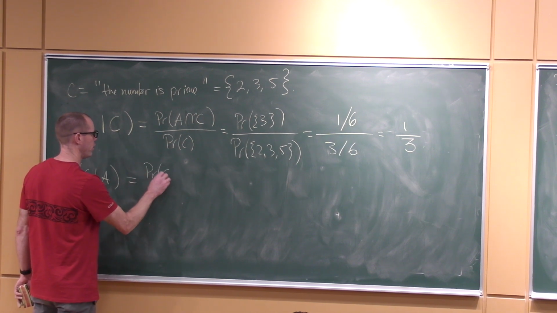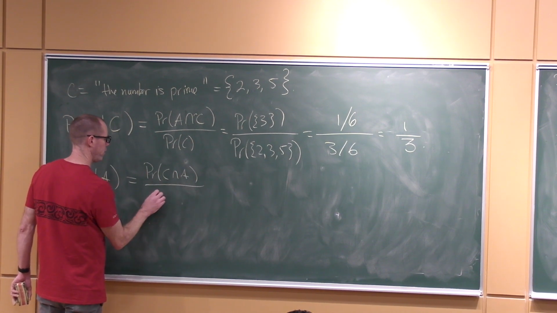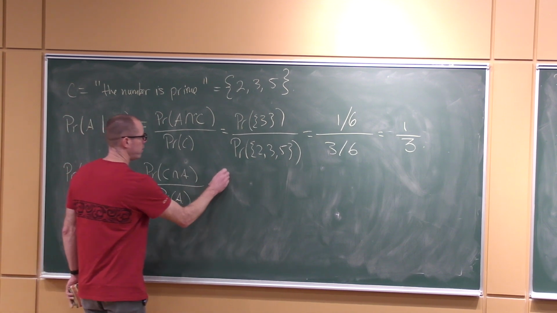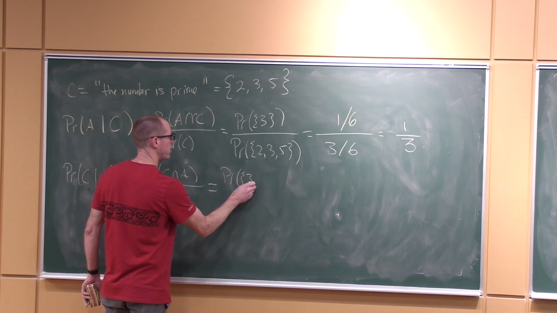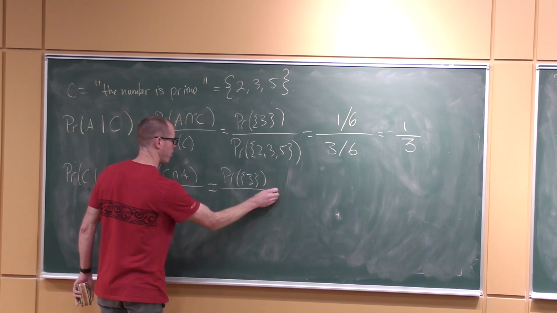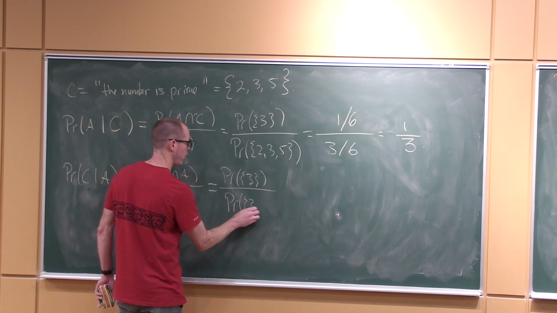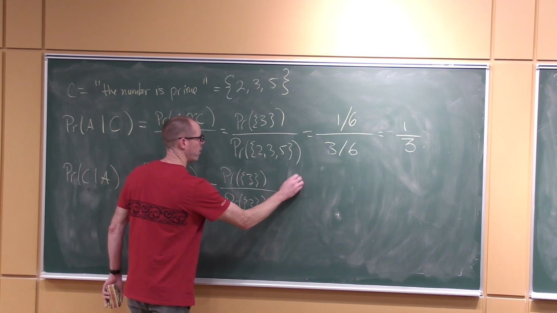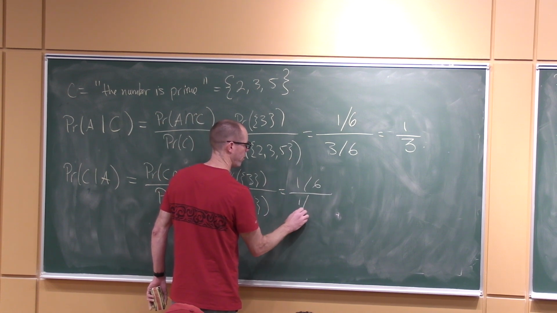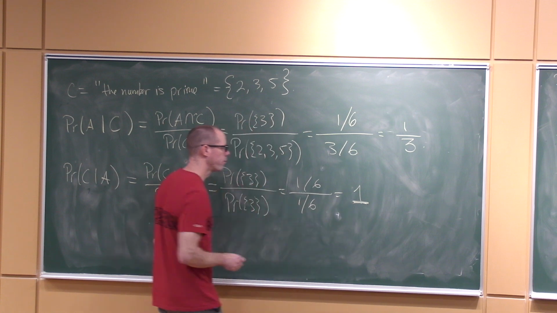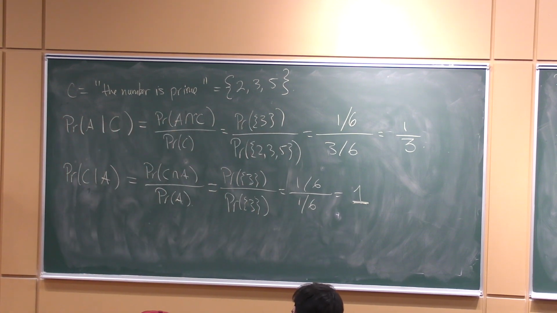That's the probability of C intersect A divided by the probability of A. The top is just the probability of 3, and the bottom is also the probability of 3. 1/6 over 1/6, which is 1. So everything's behaving the way I would like it to.